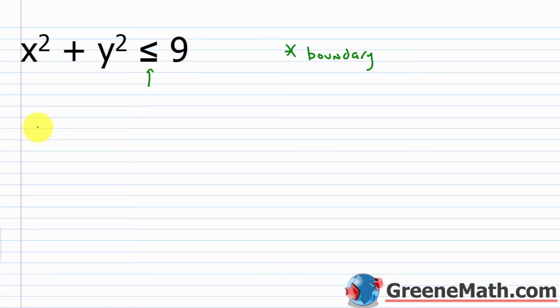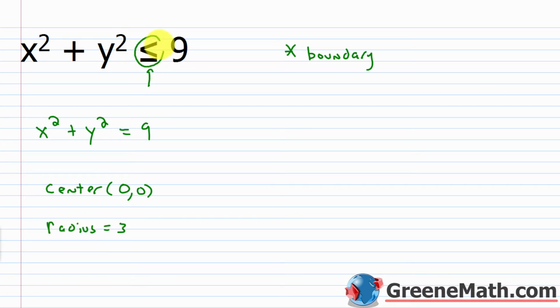So let's do x squared plus y squared equals 9. This is a circle that has a center at the origin and a radius of 3, right? The square root of 9 is 3. So the center is obviously at 0, 0, and the radius is 3.